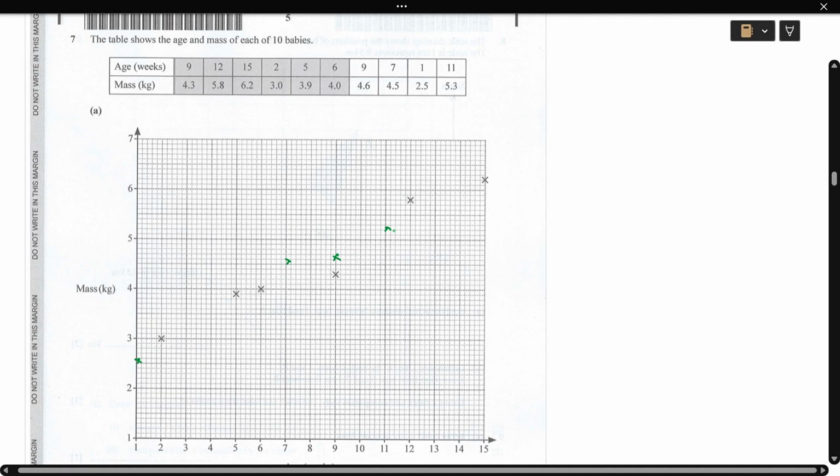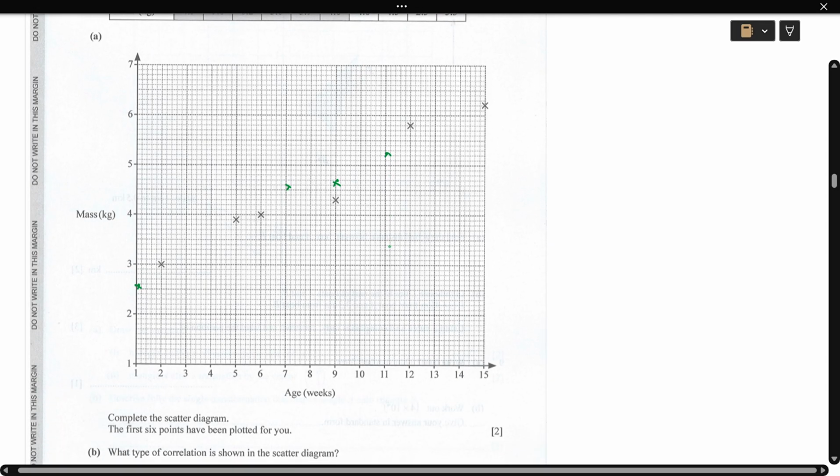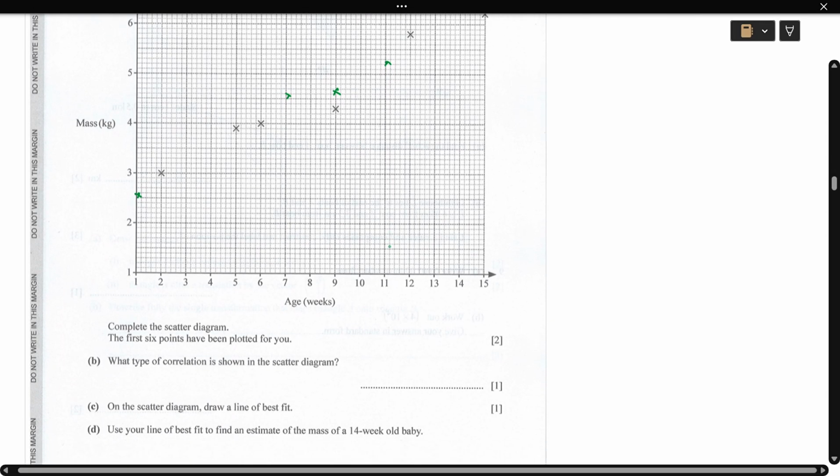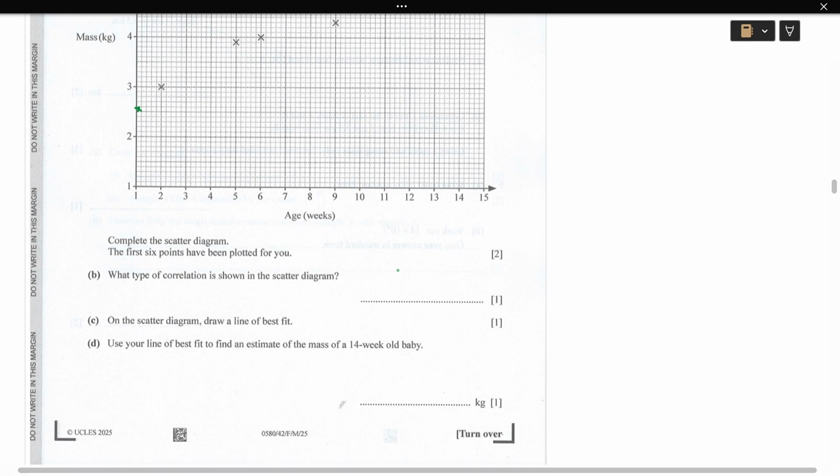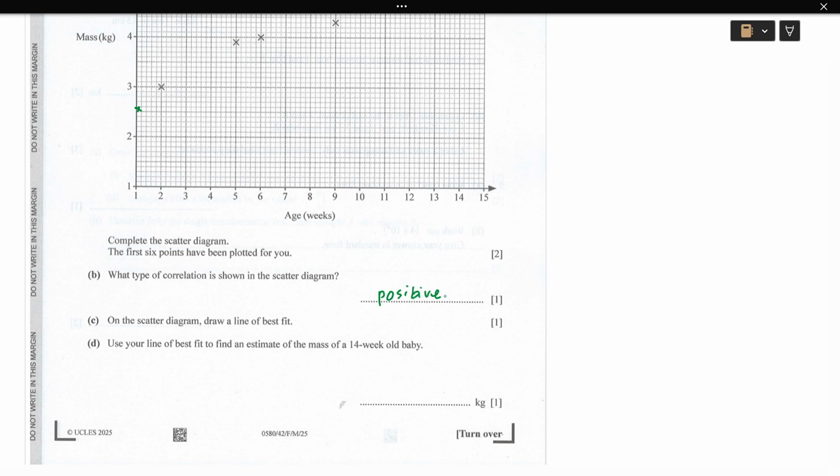Okay, so next, what type of correlation is shown in the scatter diagram? It's going upward, so it's positive. Next, on the scatter diagram, draw a line of best fit.